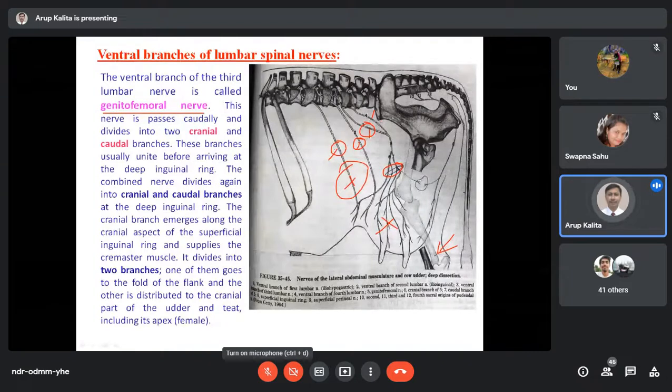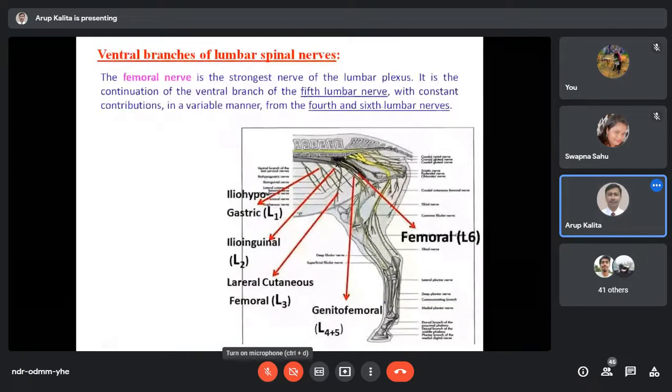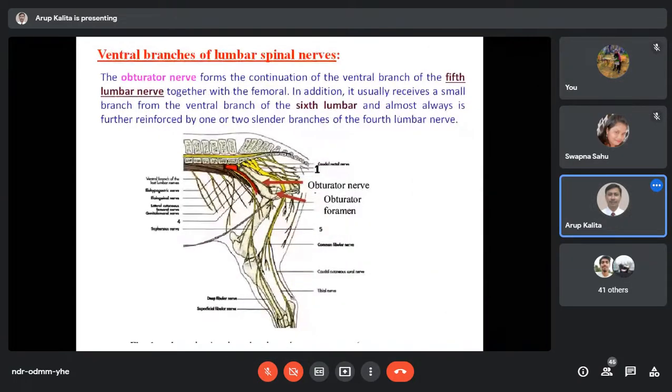Fourth, fifth, and sixth will form the lumbosacral plexus. But to form the lumbosacral plexus, one part of the genitofemoral may sometimes go. Otherwise, the fourth, fifth, and sixth ventral spinal nerves will form the lumbosacral plexus. Do you have any query? This is all about the spinal nerve.